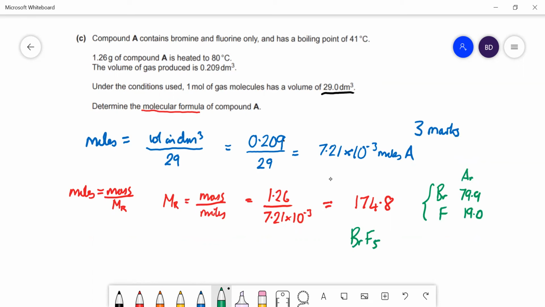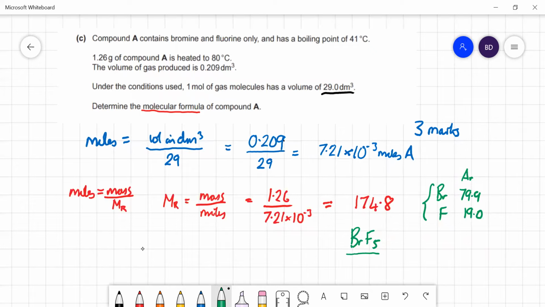That has got an Mr of that much. Bromine is going to have an oxidation state of +5 in that, which is fine. Bromine quite often has that. There should be no problem with bonding in that molecule. So that's what we've got, BrF5. That's the molecular formula.